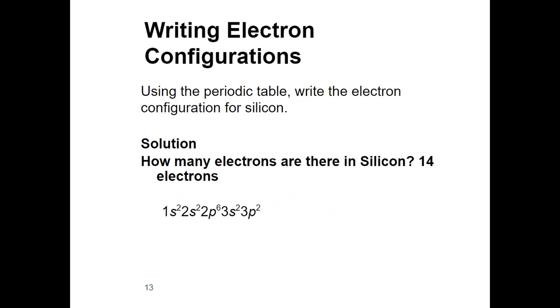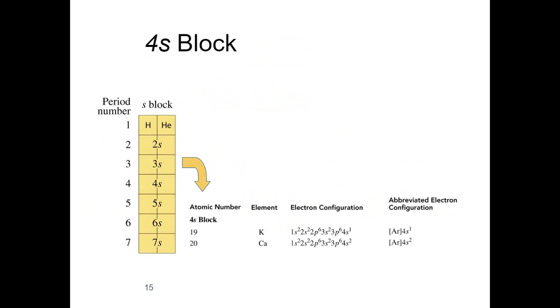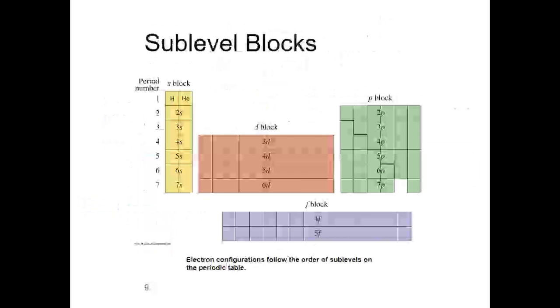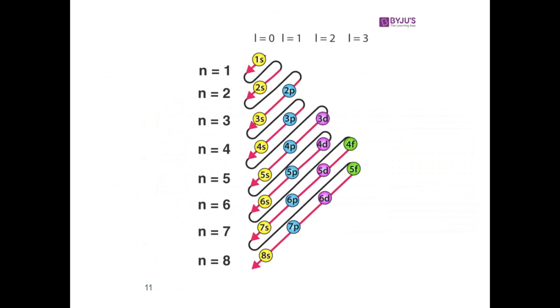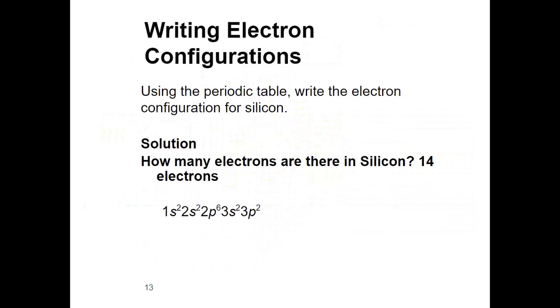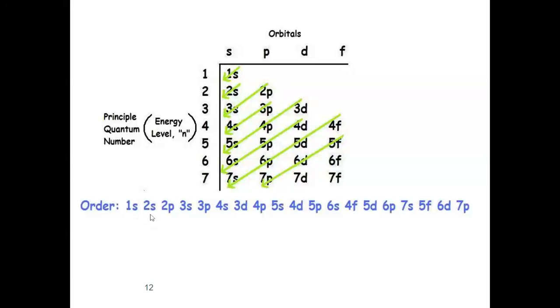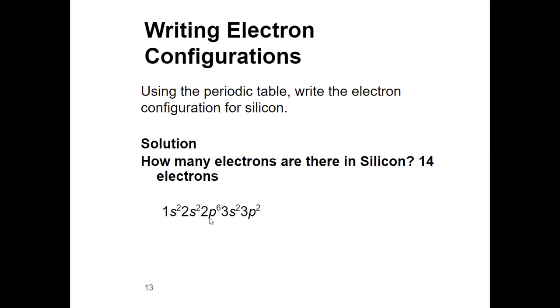So you go back to your periodic table. Silicon, here. So that's your silicon, it has 14 electrons. What you're going to do is count. Basically, this is counting, so you follow this one, okay? Make sure it's 14.